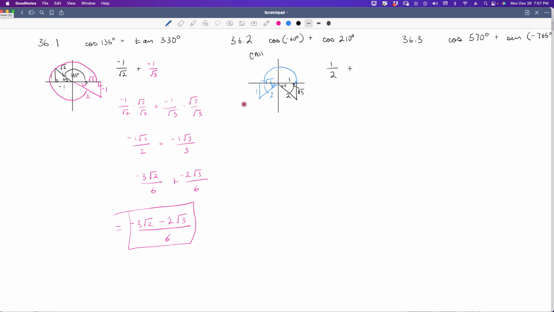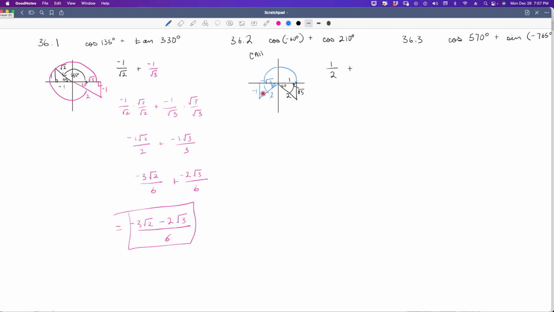Now this is going to be negative, and this is going to be negative because this is on the negative side of the x-axis and the negative side of the y-axis. So we know that a negative over a negative is going to be a positive, right? So that would be, oh, I'm sorry, positive.